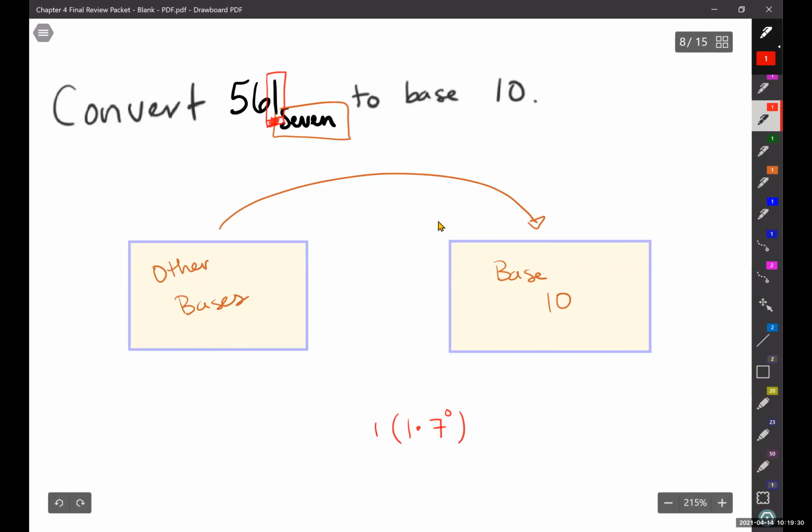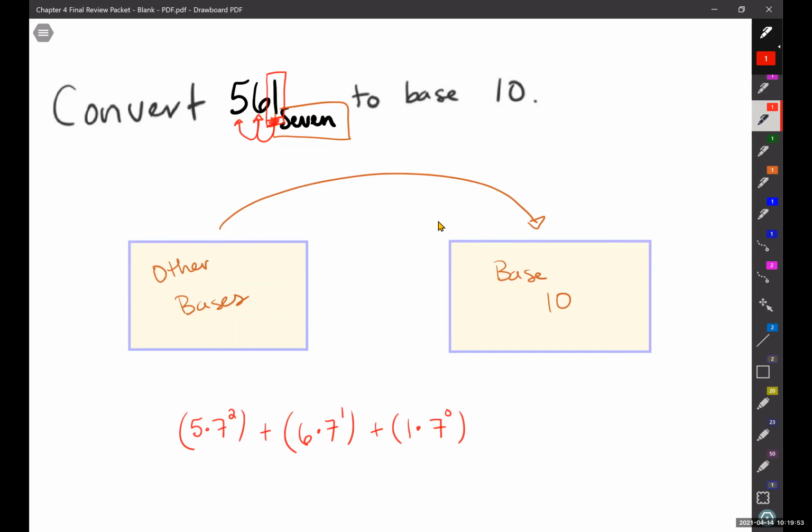Plus, and now as we move to the left, we just increment the exponent on the base by 1 each time. So that's 6 times base 7 to the first power. Plus, move over, increment the exponent, 5 times base 7 squared. Now, do we see where all these values are coming from in the ordering?